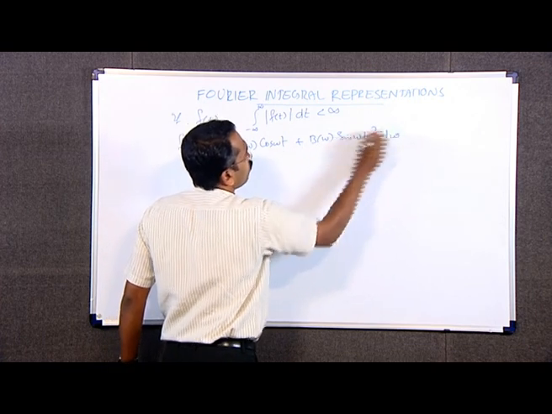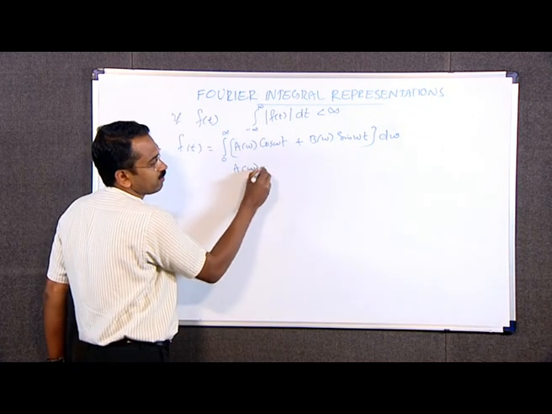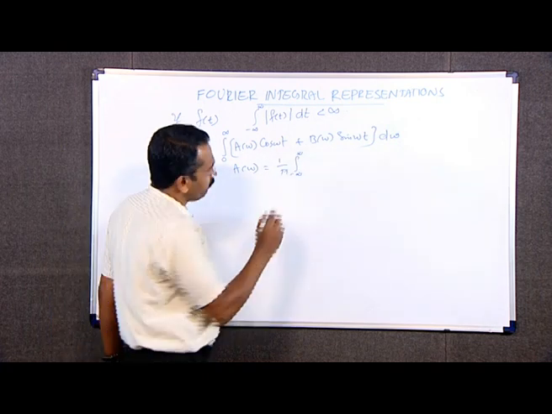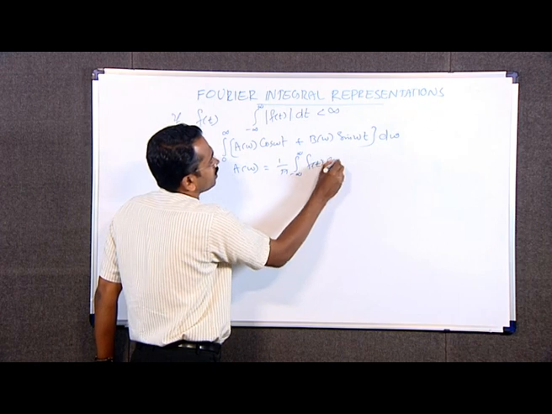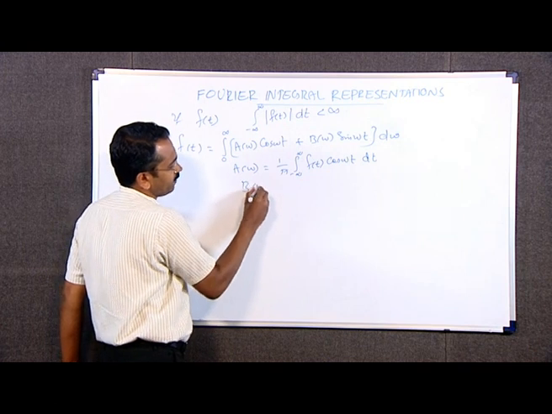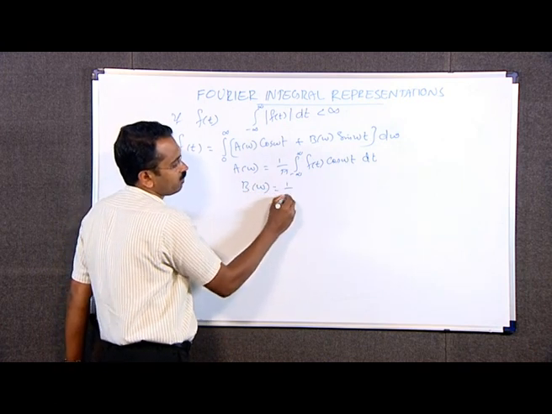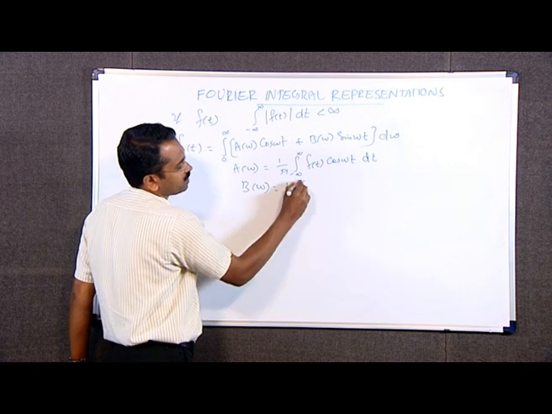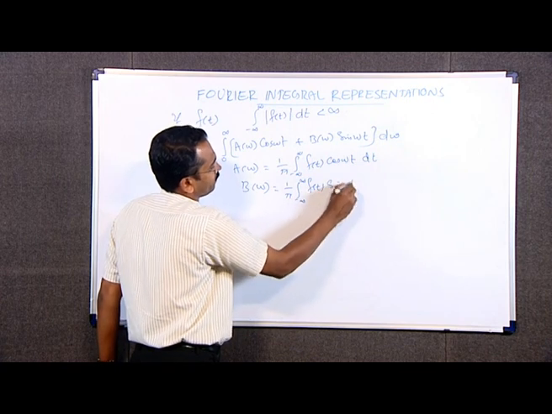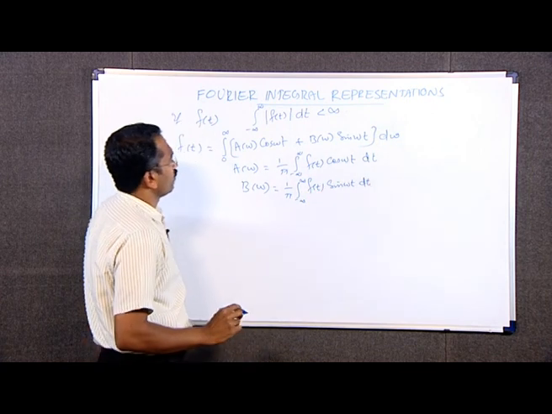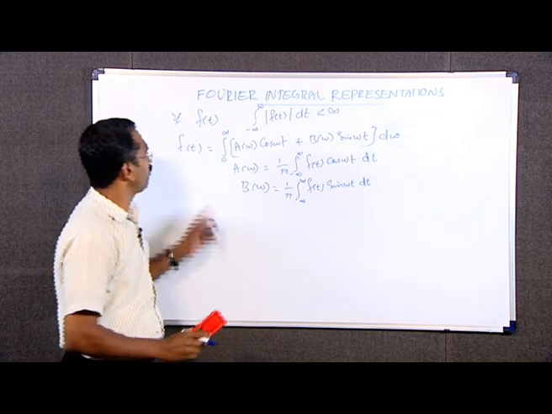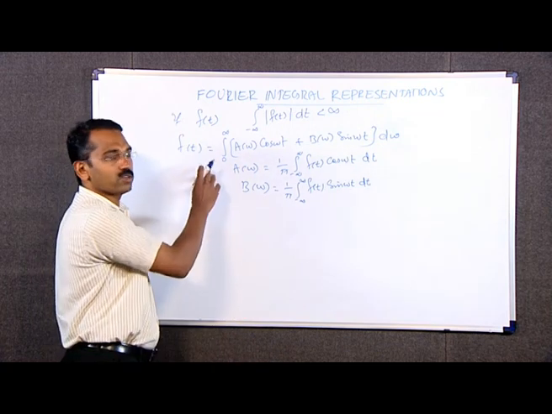d omega, where a omega is given by 1 by pi into integral from minus infinity to infinity f of t into cos omega t dt, and b omega is equal to 1 by pi into integral from minus infinity to infinity f of t into sin omega t dt, where the function f of t is continuous at all points of t.